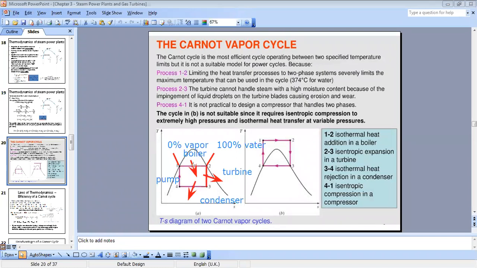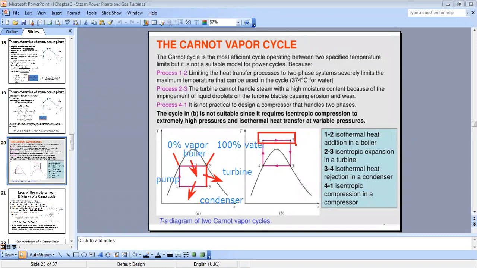So if you want constant temperature in the boiler and condenser, you should not be above the curve, because if you are above the curve, in this zone, then you cannot operate at constant temperature and pressure. So if your temperature is constant, you will have variable pressure during this process, which is not desired.